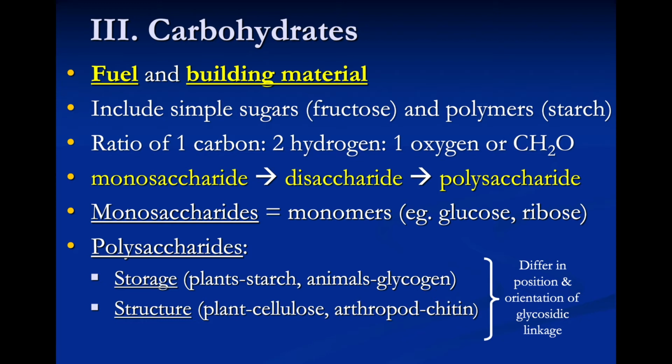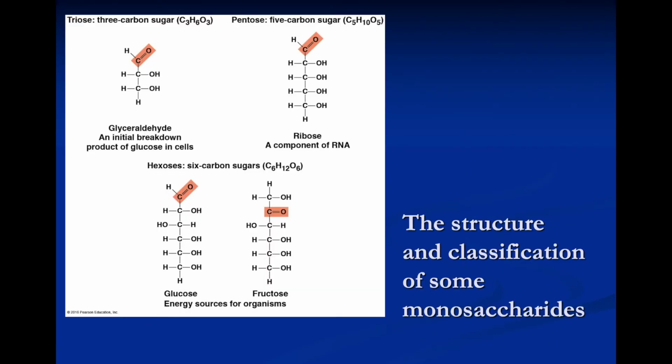And then the exoskeleton of arthropods is made up of a material called chitin. Now, these molecules of starch, glycogen, cellulose, or chitin might be made of very similar building blocks, but they differ in the position and orientation of the glycosidic linkage. This is the type of bond that joins these monomers together.